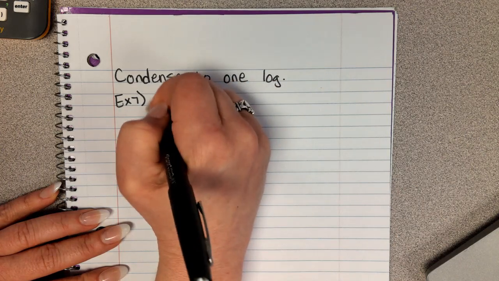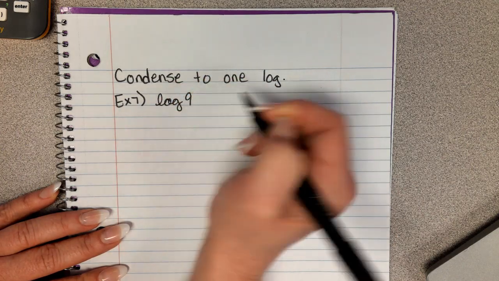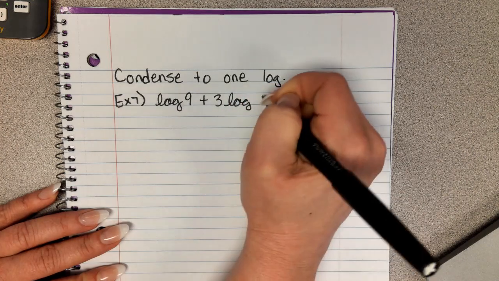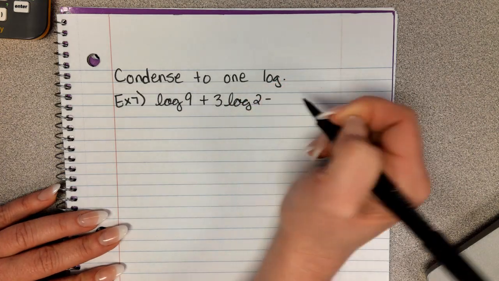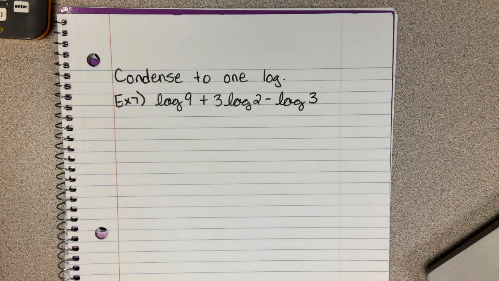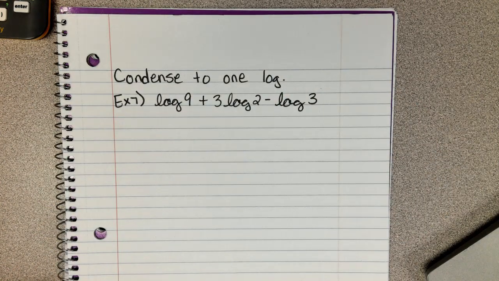Let's say I have log of 9 plus 3 log of 2 minus log of 3. I'm just going to work left to right using the laws.